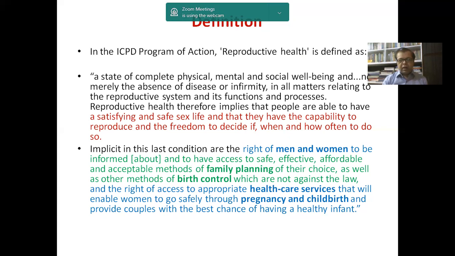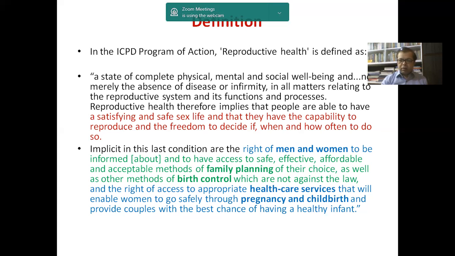Implicit in this last condition are the right of men and women to be informed and to have access to safe, effective, affordable, and acceptable methods of family planning of their choice, as well as other methods of birth control.